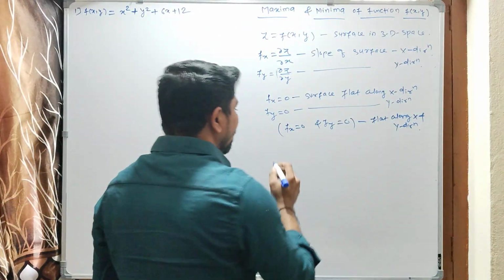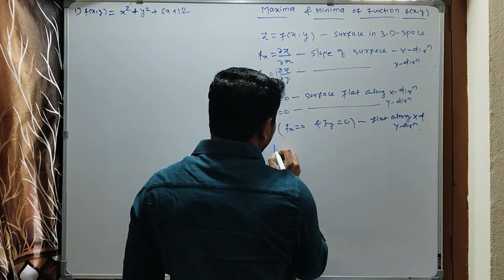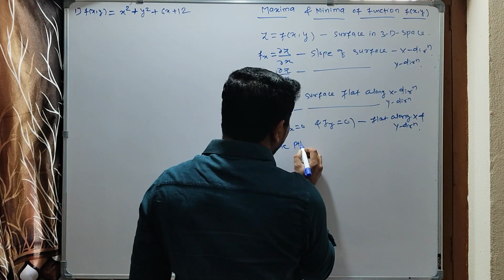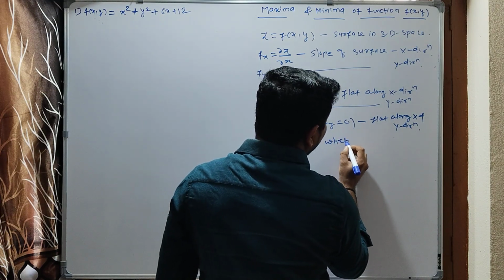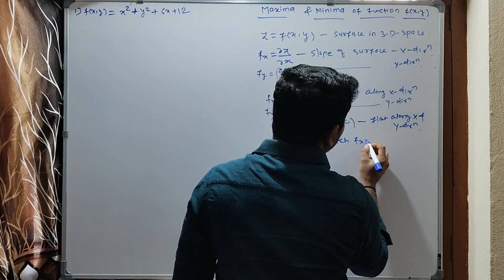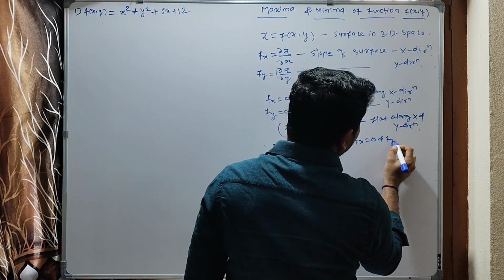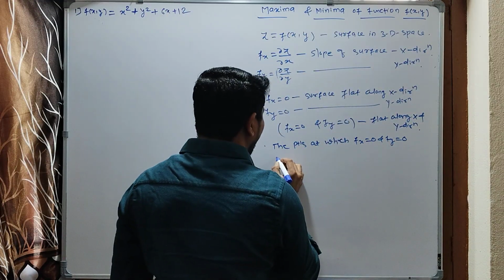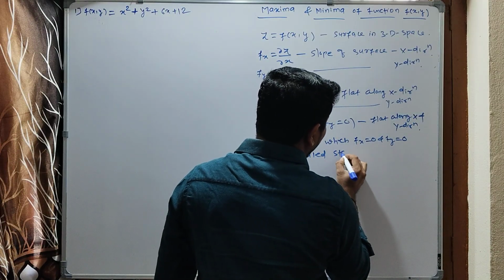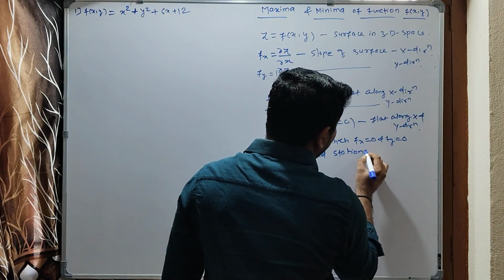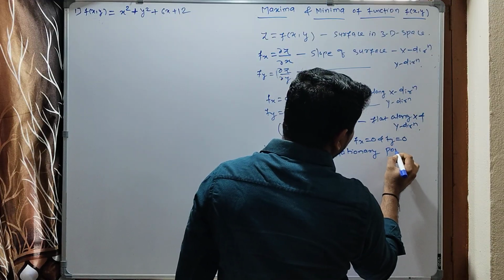The point at which fx equal to 0 and fy equal to 0 is called a stationary point.